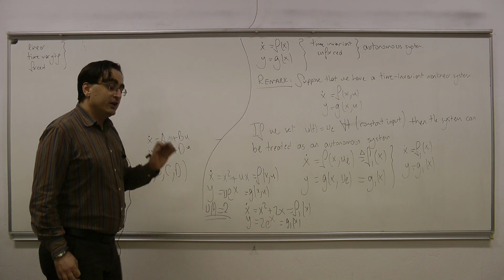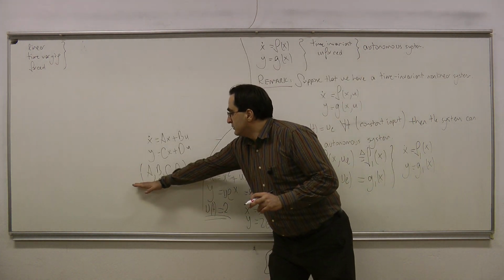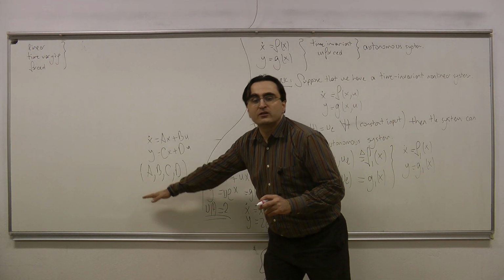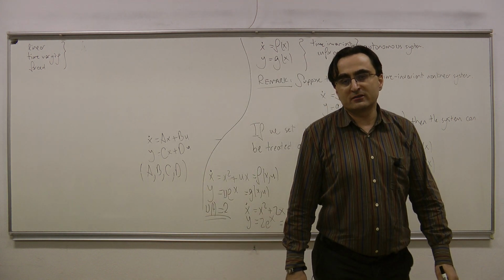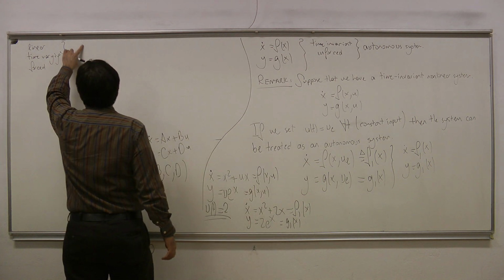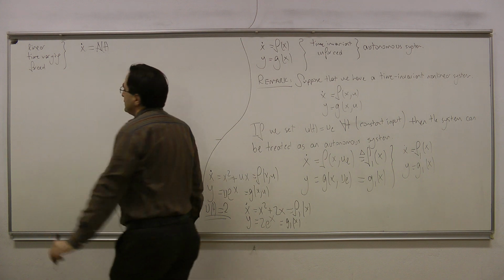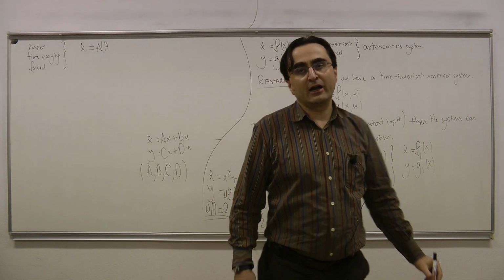Okay? So if a linear system is time varying, then these representation matrices would be time varying. What does it mean? They would depend on time. So if I want to write a time varying linear system, then this A matrix would be dependent on time.